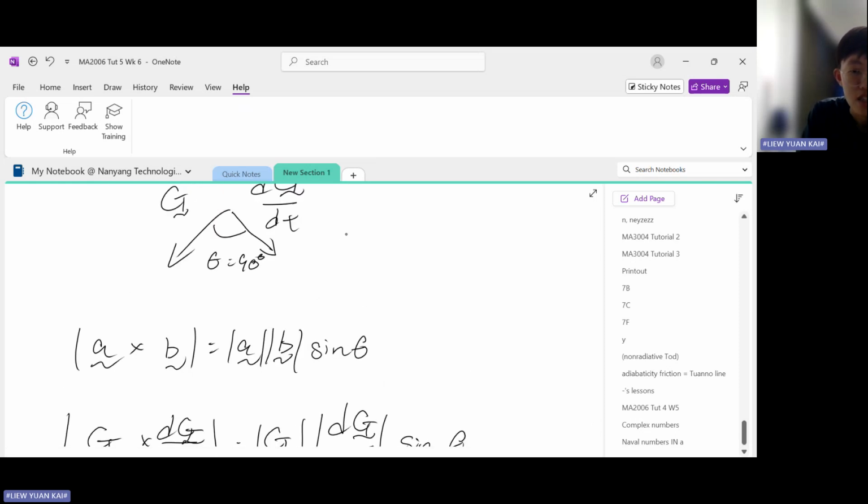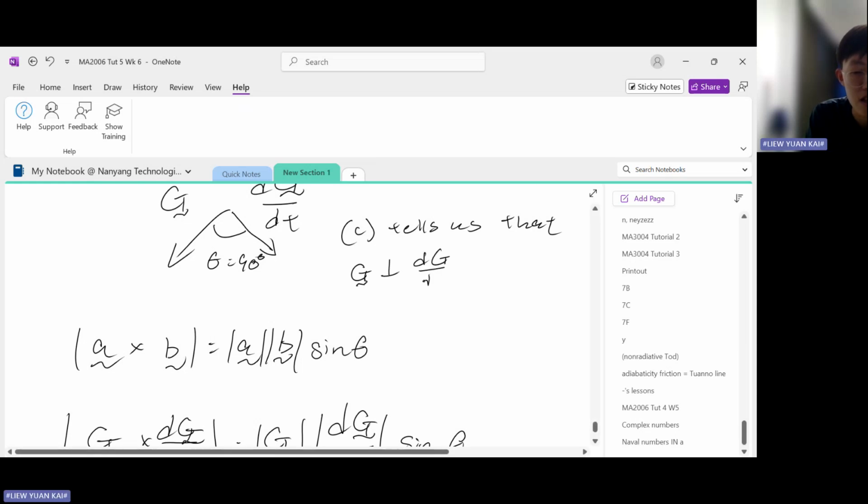Question C tells us that G is perpendicular to dg dt, which means that the angle of separation is 90 degrees. Okay, and how do I know? This is because the dot product is 0.